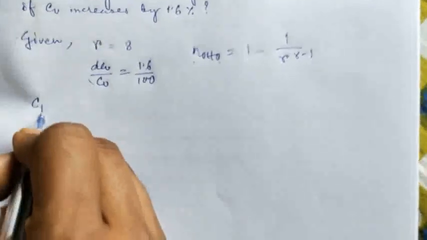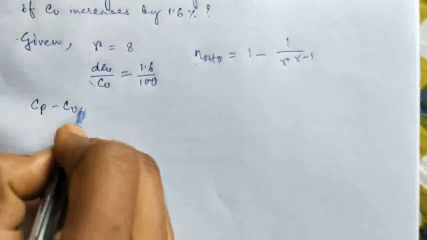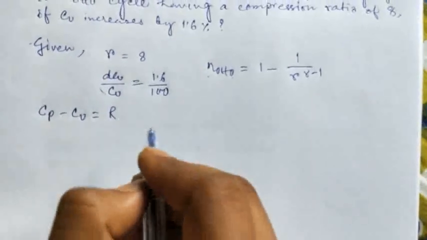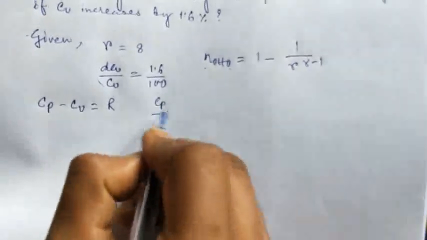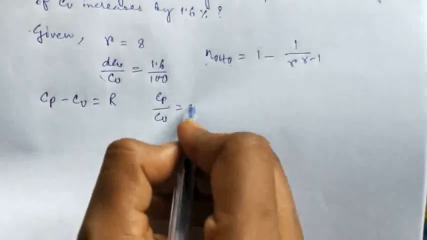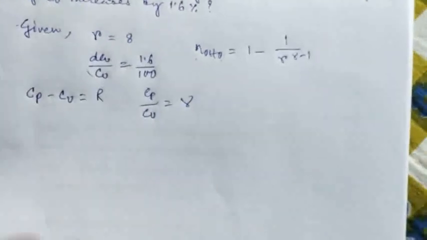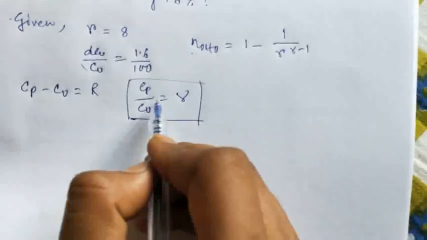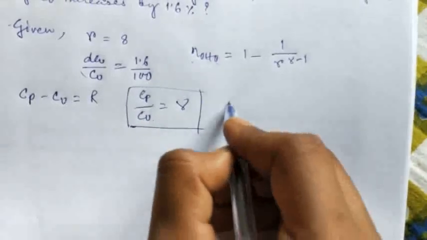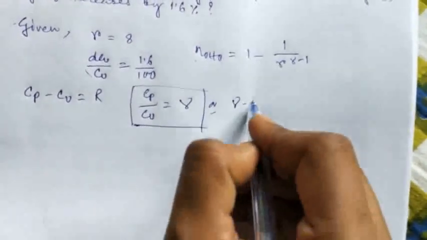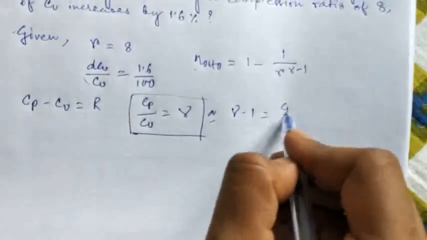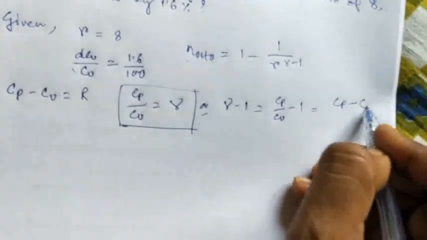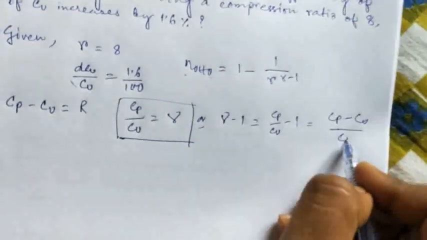We know Cp minus Cv is equal to R. Okay. And Cp by Cv equals gamma. Now in this equation, if we subtract 1 from both sides, gamma minus 1 will be equal to Cp by Cv minus 1, which equals Cp minus Cv by Cv.